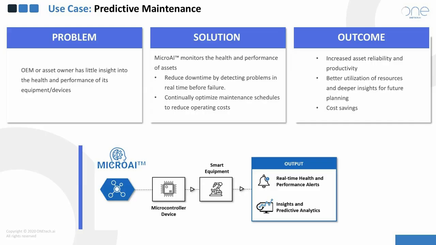So we'll walk through two separate use cases, right? So an OEM, or the owner, that asset owner of the equipment produced by the OEM, has little insight to how that machine is actually performing, how it's being utilized, just overall little insight to that equipment.